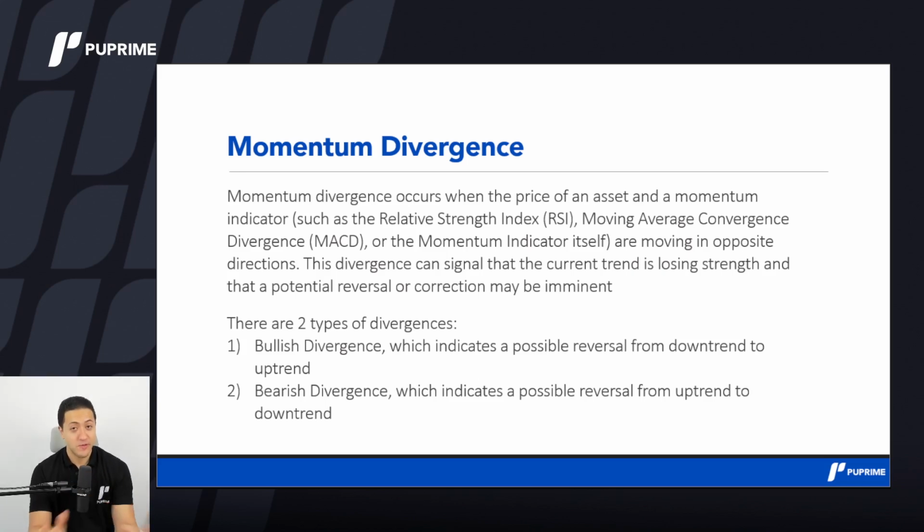So divergence is when the price moves in a certain manner and the momentum is behaving in another manner. What if they are moving together? What if you have another scenario where prices are moving higher and momentum is moving higher? Okay, that's good. That's confirmation, or that's what we call convergence.